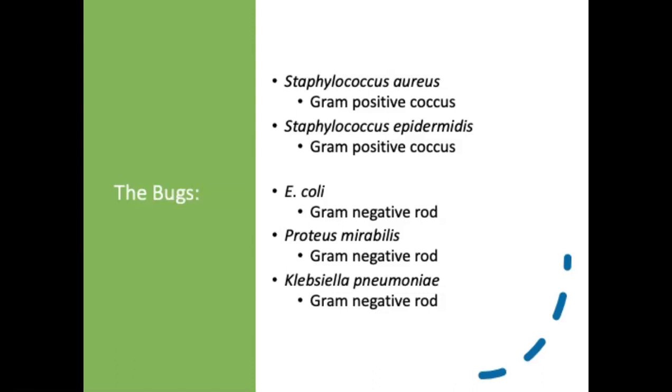For the first part of the exercise, we're going to use the Staphylococcus aureus and the Staphylococcus epidermidis. We're going to inoculate 2 nutrient gelatin tubes with these organisms.